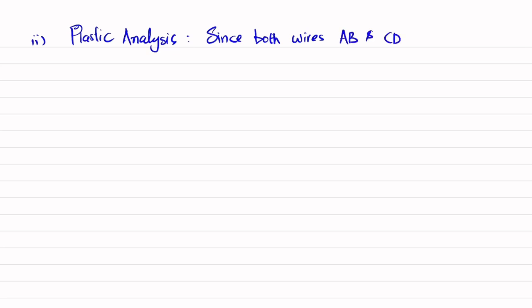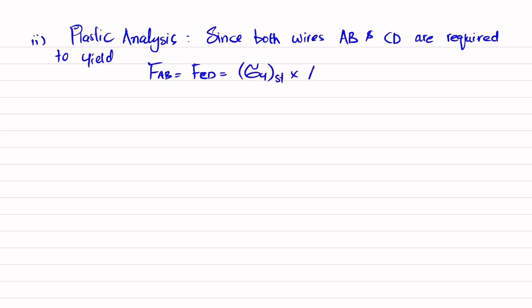So again, I will move to the next page. As this will fail, we will move to plastic analysis here. And we will write, since both wires AB and CD are required to yield, therefore force in AB is equal to force in CD, and that will be equal to yield stress of steel multiplied by the area.